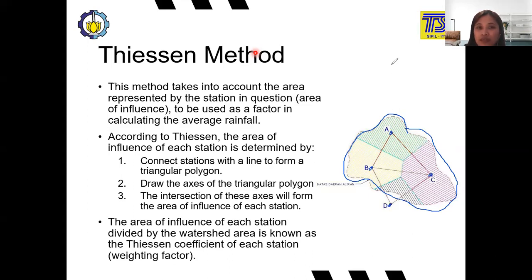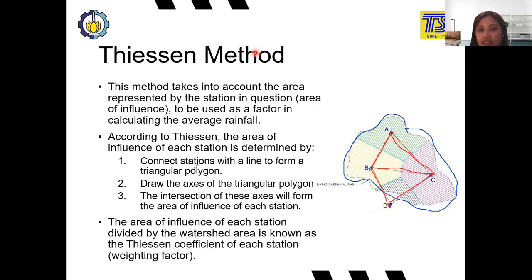Here we have four stations. We have to connect them, between the dots, using a line. Yeah, this line 1, 2, 3, 4, and don't forget to connect this also.